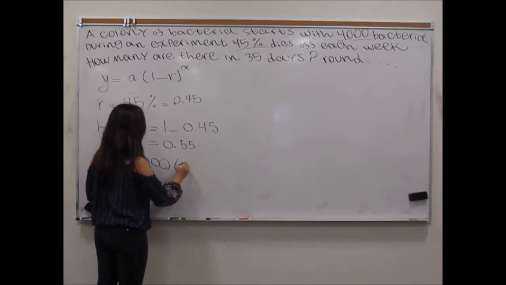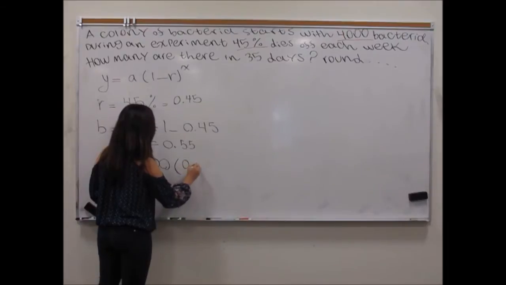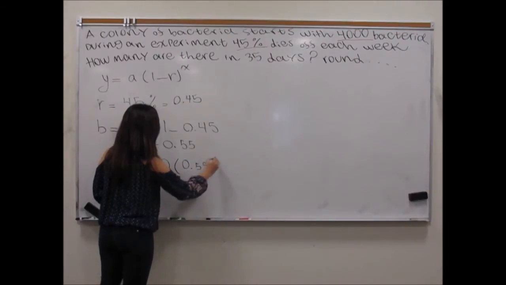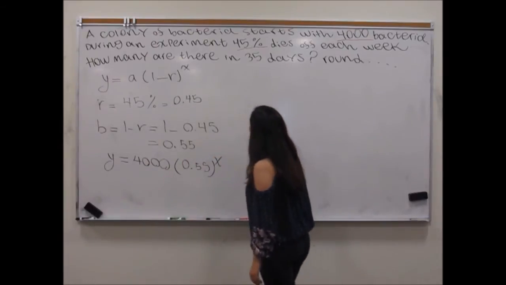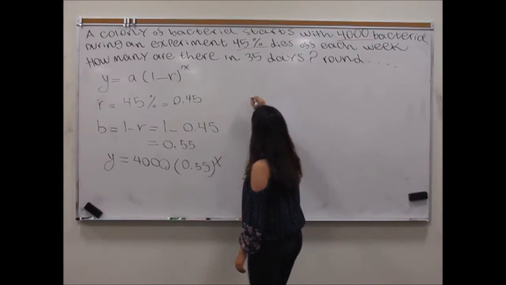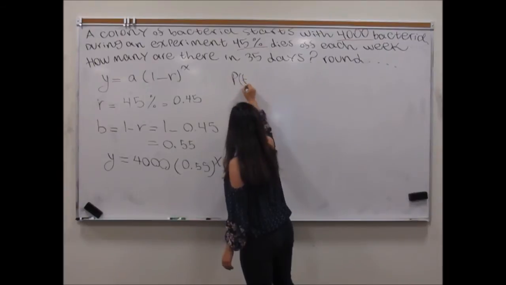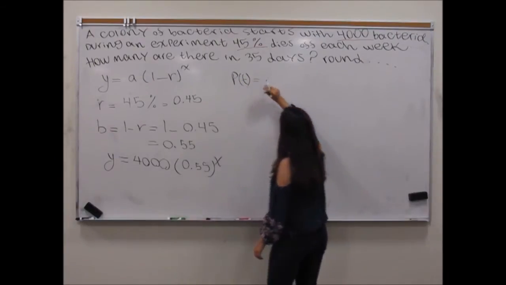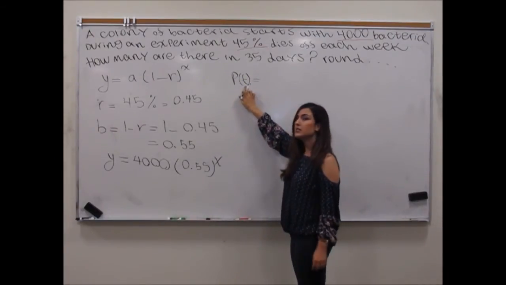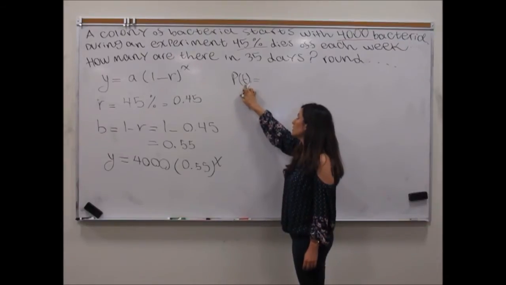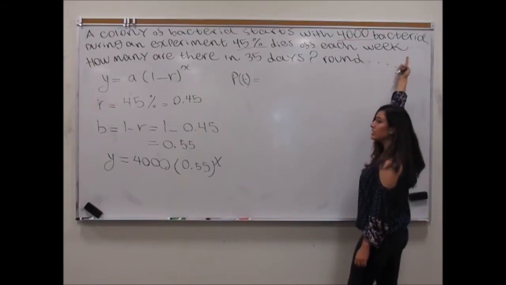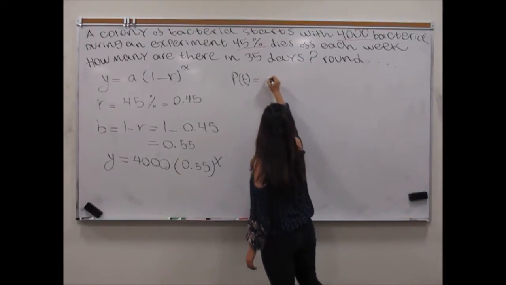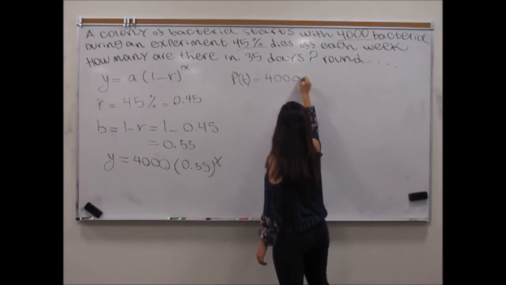So here in this model, my initial amount was 4,000 times 0.55 to the x, and then to adjust the variables, you can say the population in T weeks is 4,000 times 0.55 to the T. T is in weeks, because the situation is given to me in weeks.